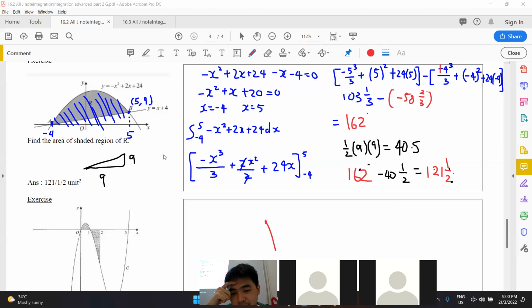I forgot about that method. Yes, you can. The other method would be to integrate that one straight away, integrate this and then put in the 5 and -4. Yeah, correct. That's an even faster way, because after you apply the limits, you will find this region straight away instead.